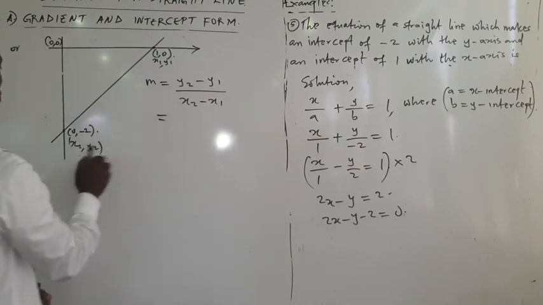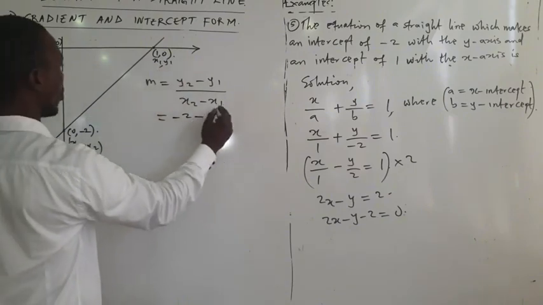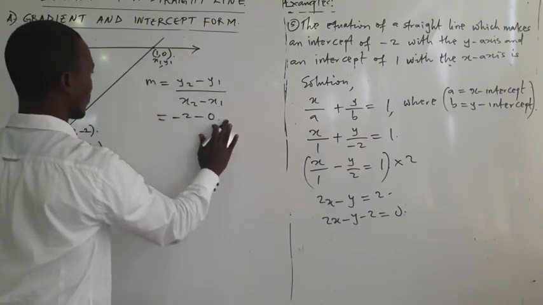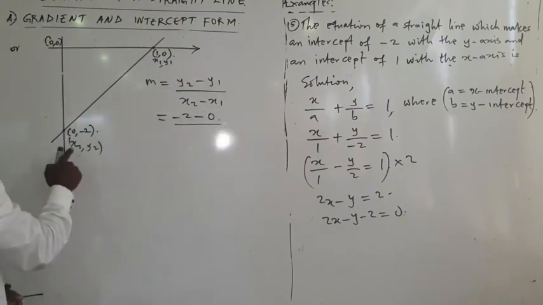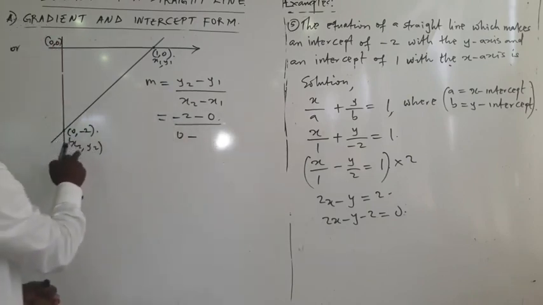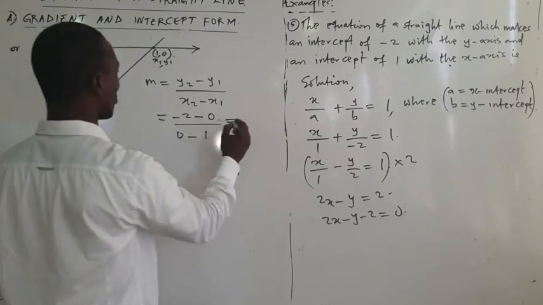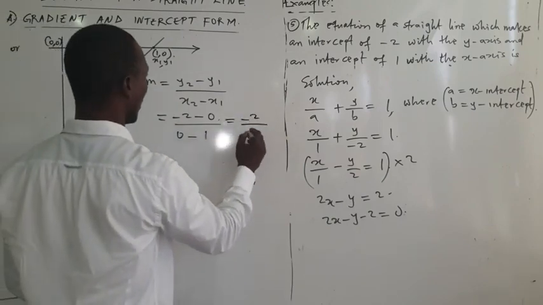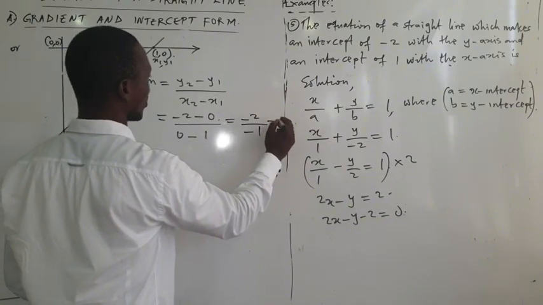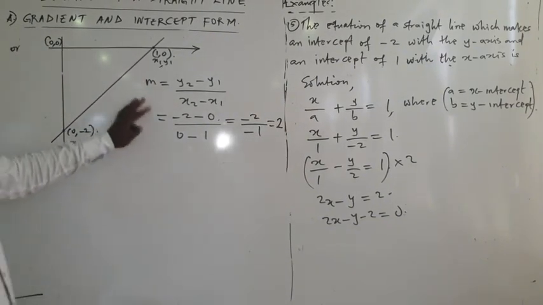So our y2 is minus 2, minus y1 which is 0, all over x2, which is 0, minus x1, which is 1. Which is equal to minus 2 over minus 1, which is 2. So the gradient is 2.